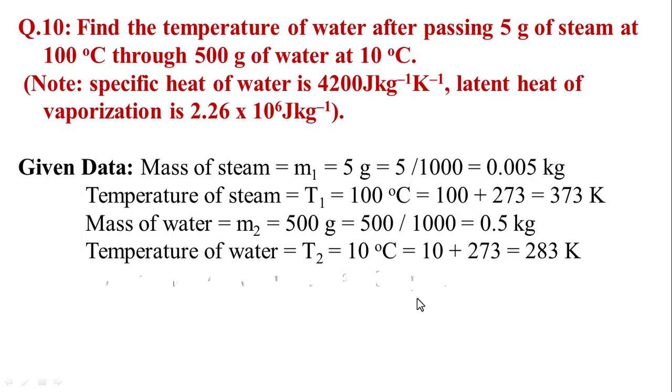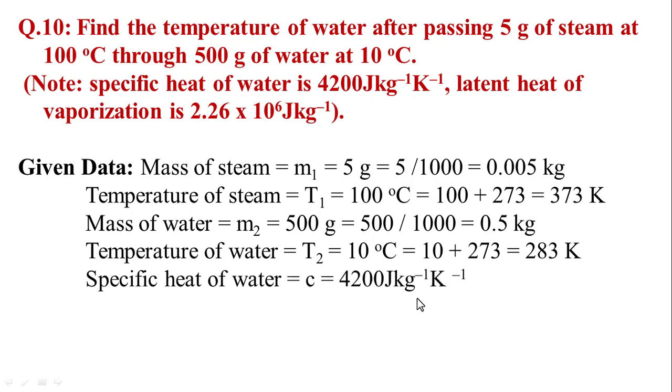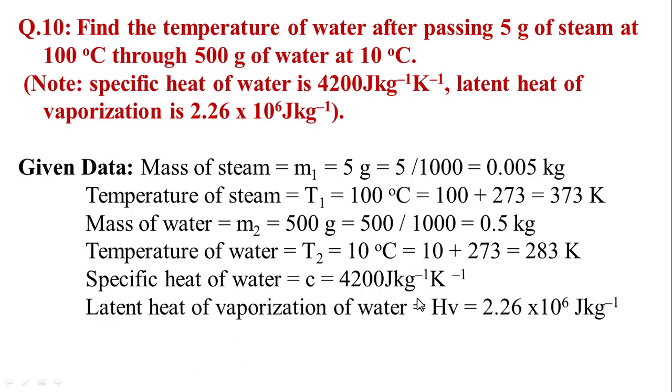Now the specific heat of water C is equal to 4200 joule per kg per Kelvin. Now the latent heat of vaporization of water Hv is equal to 2.26 multiplied by 10 raised to power 6 joule per kg, and it is a constant value.